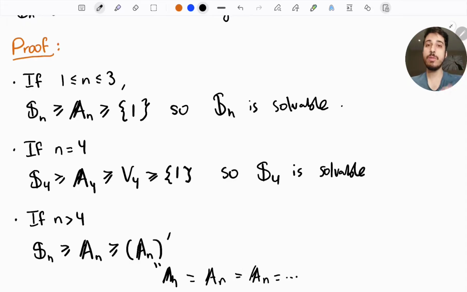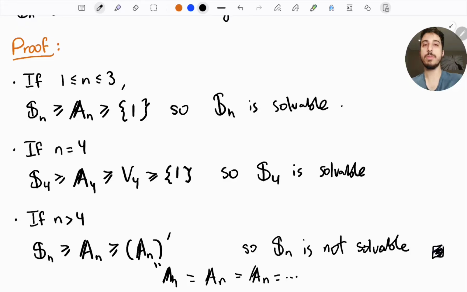So there exists no finite sequence of taking the commutator subgroup such that we arrive at the identity. We're just going to get back An. So in this case, Sn is not solvable, completing the proof of this proposition.